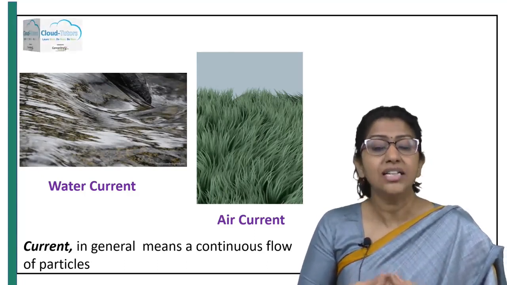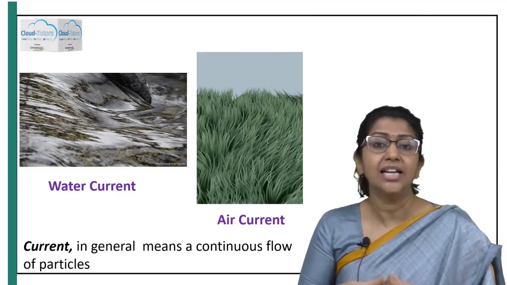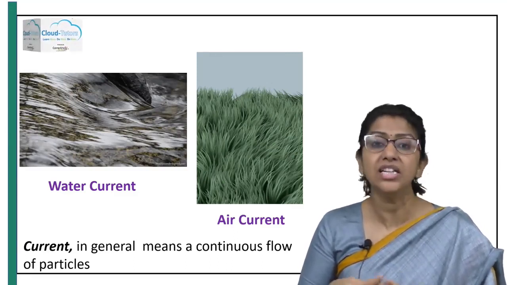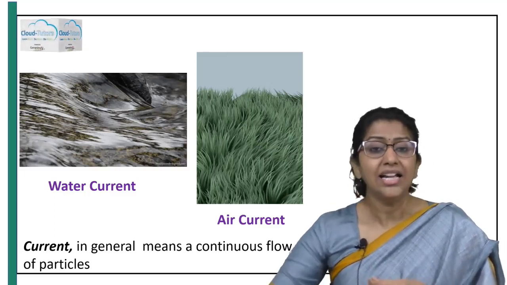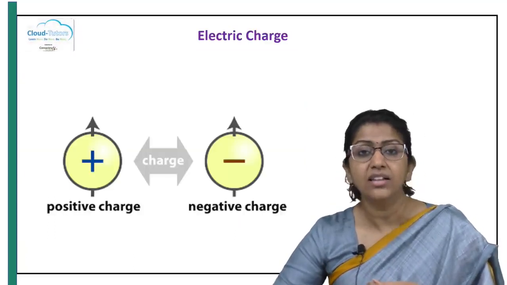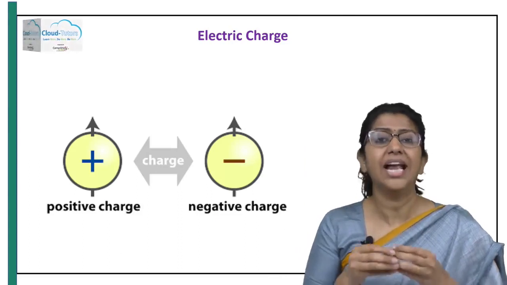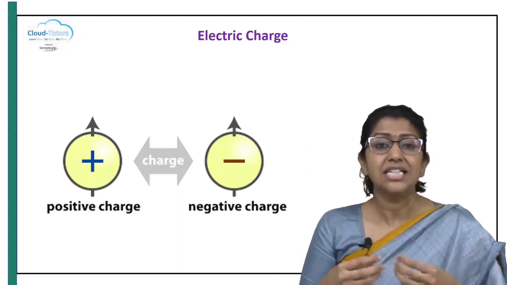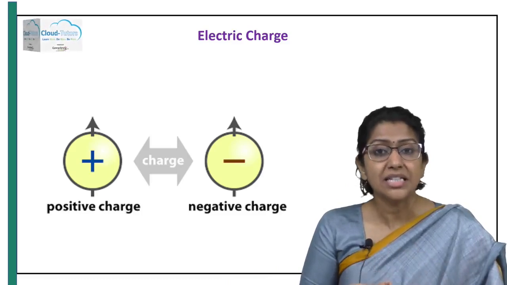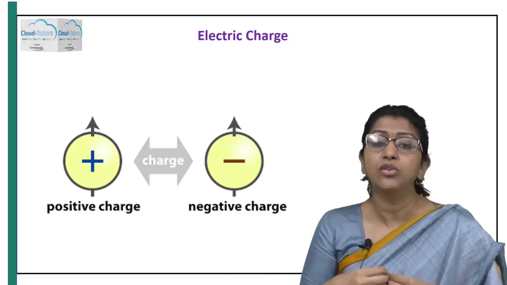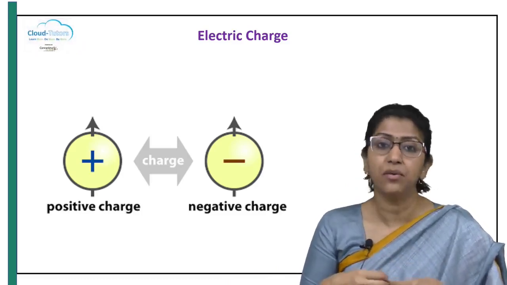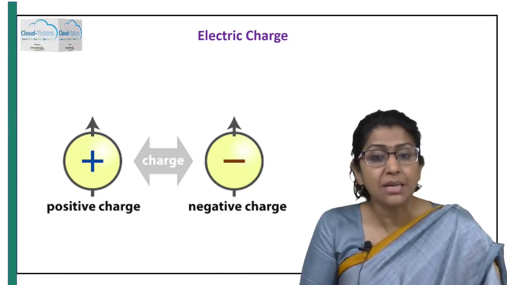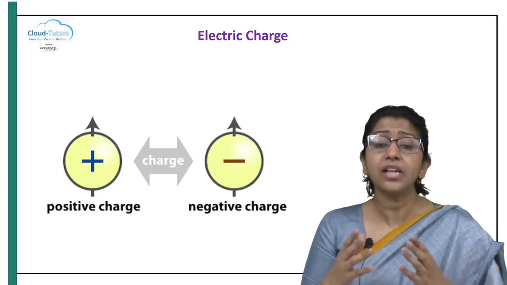In order to understand electric current and electricity better, let's first understand what we mean by electric charges. Electric charges are a property of any kind of object or particle due to which it experiences an electric force, or it could also exert an electric force onto another particle or object.